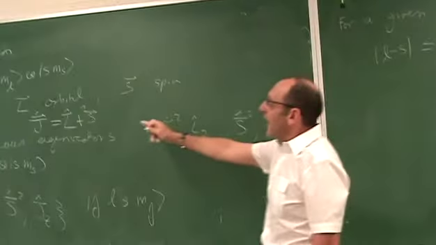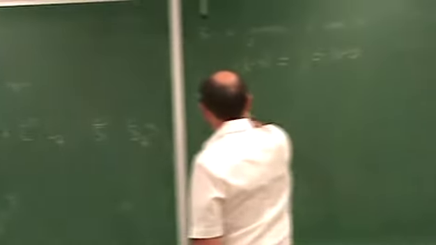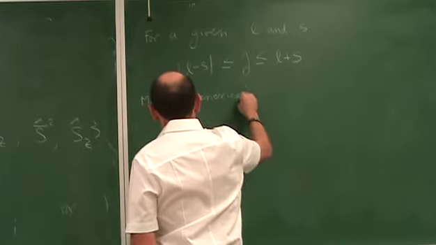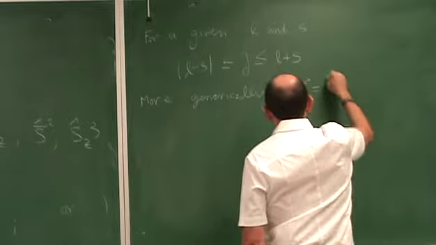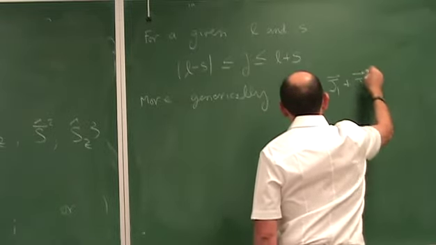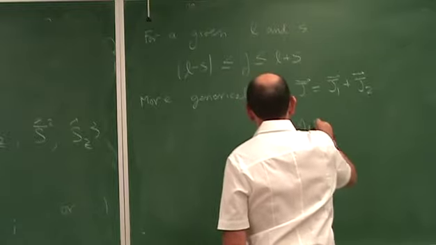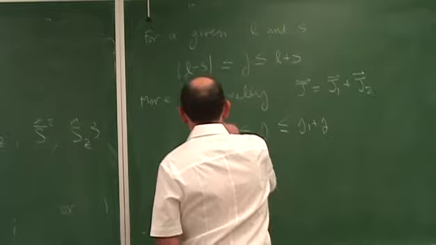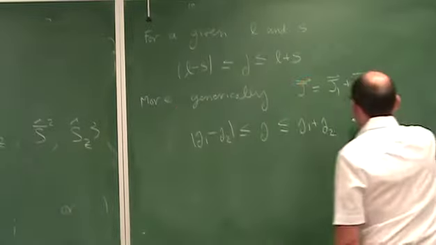Let me say more generically, if J is the sum of J1 plus J2, then J is between J1 plus J2 and J1 minus J2, whatever the magnitude of that is, in integer steps.